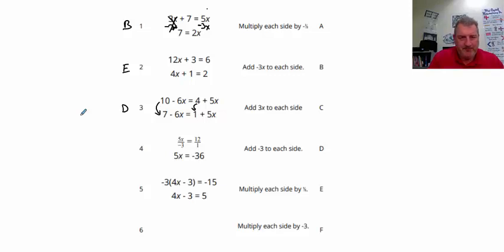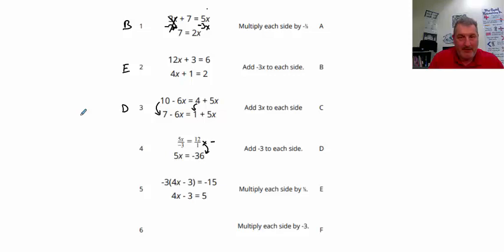Number 4, 5x divided by 3 is equal to 12 divided by 1. Wow, what is going on here? How do we get from 12 to negative 36? We'd have to multiply, right?